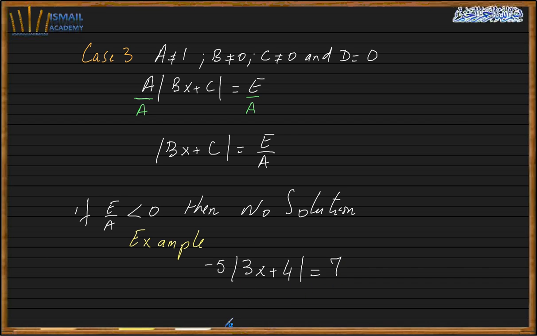When I divide both sides by minus 5, we end up having the absolute value of 3x plus 4 is equal to minus 7 over 5. This is negative, the absolute value is positive, that means no solution.